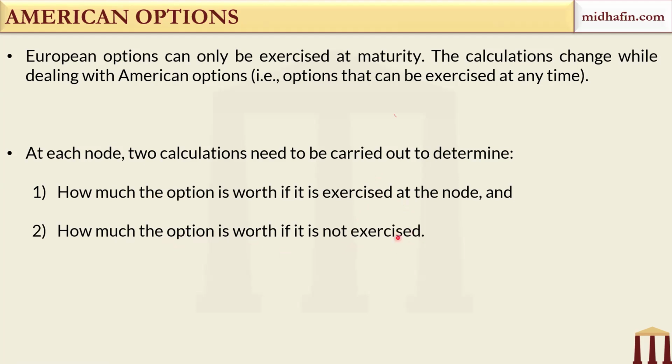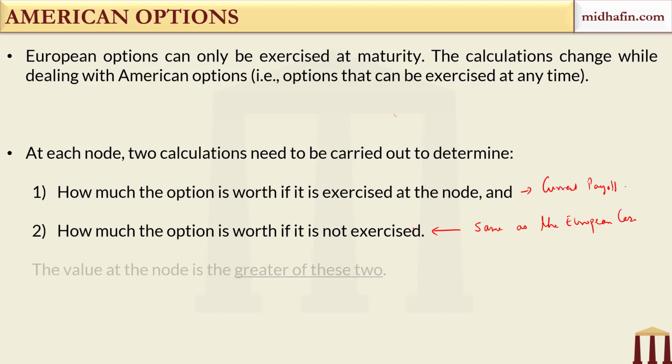This part we were also doing in the European case. This will be the current payoff at each node. And of course, the value of the option that we choose for that particular node will be the greater of these two.